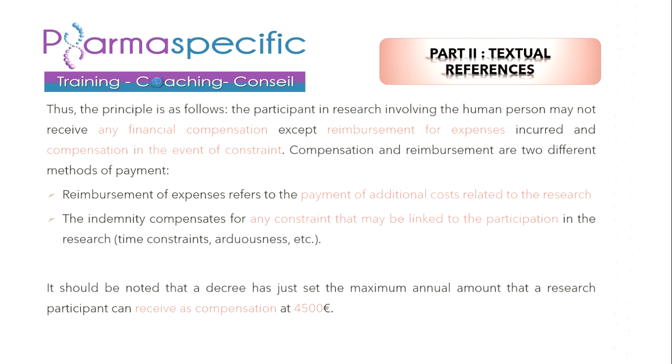Thus, the principle is as follows: the participant in research involving the human person may not receive any financial compensation. So that's what we saw with Article 16.6 of the Civil Code, except reimbursement for expenses incurred and compensation in the event of constraints.